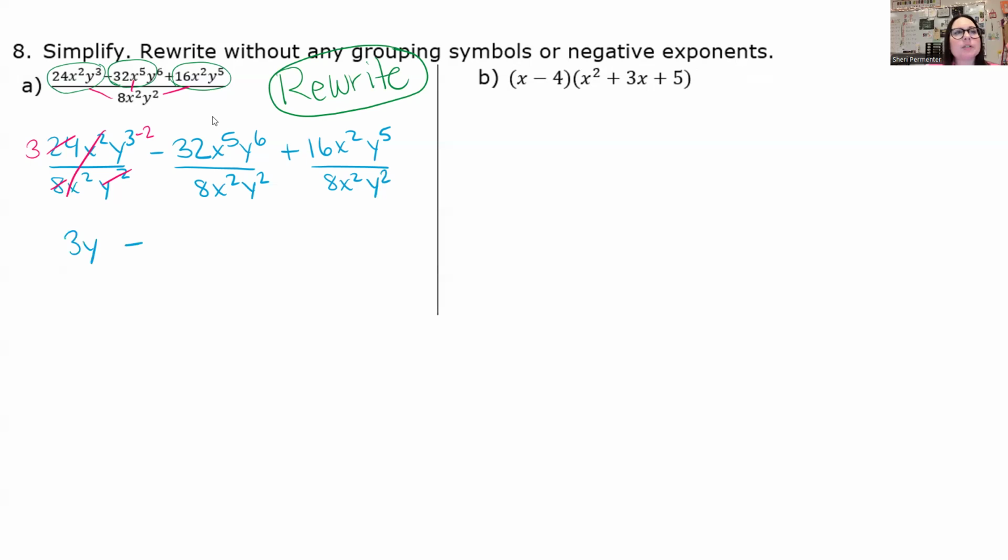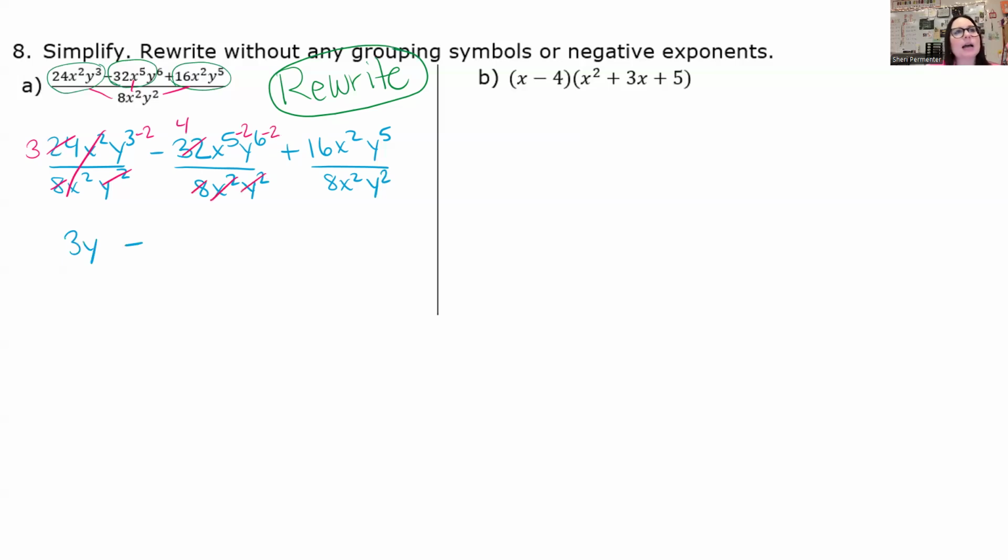Now I can look at the numbers. 32 over 8, how does that reduce? Yep. 8 goes into 32 4 times. And then when I look at the x's, I have 5 and 2. Yep, so I will subtract 2. What about the y's? Top one's bigger, so I subtract 2.